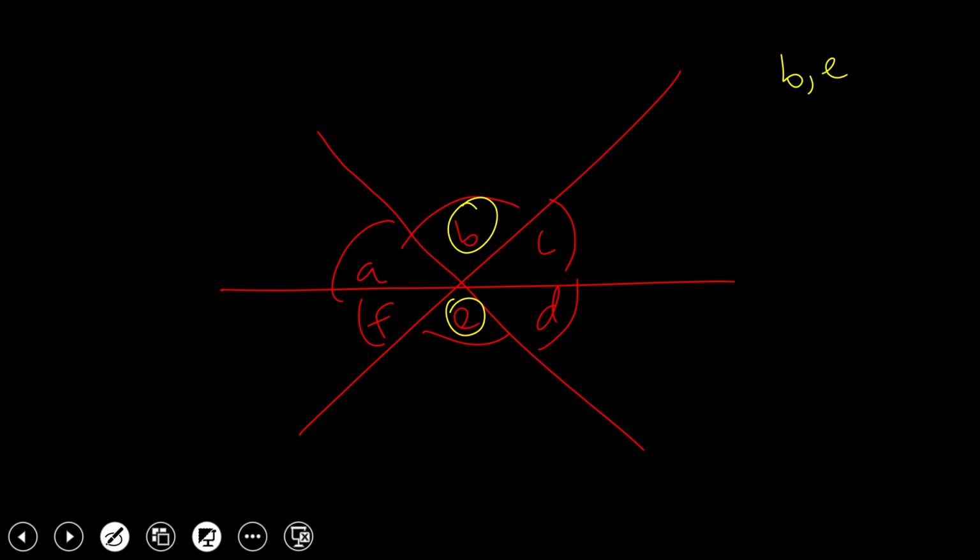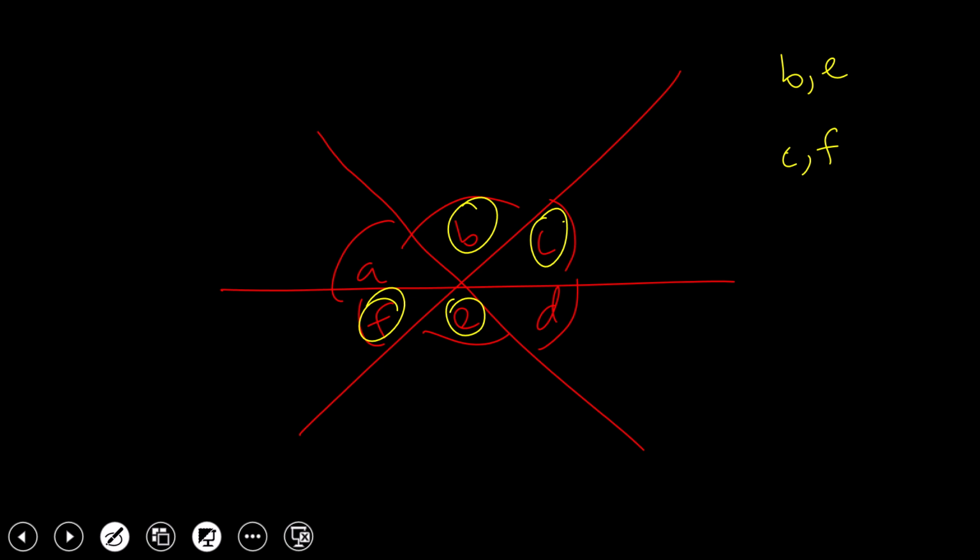You can see that I have this line over here and this line over here. The angles on the opposite side are B and E. So B and E are vertically opposite angles. And I can also say that C and F are also vertically opposite.